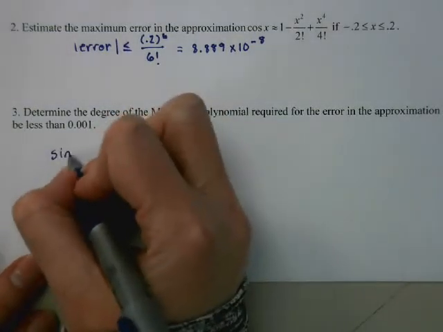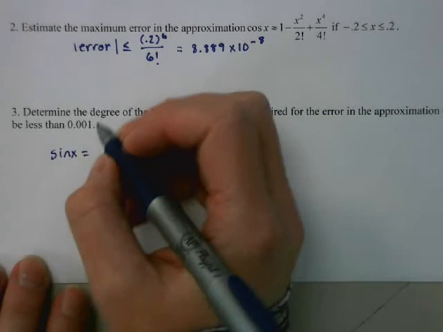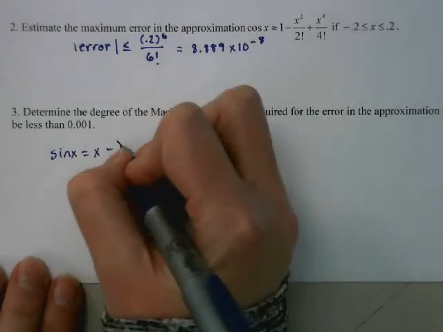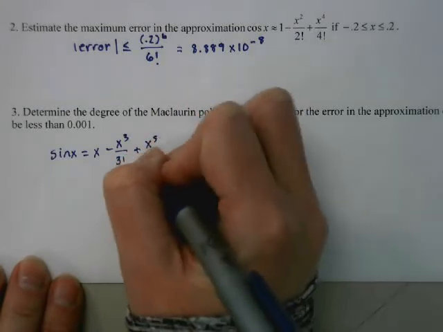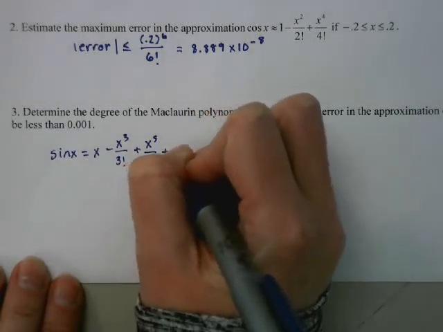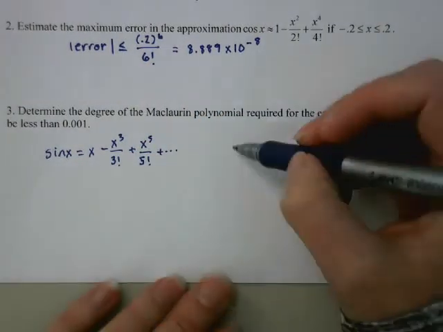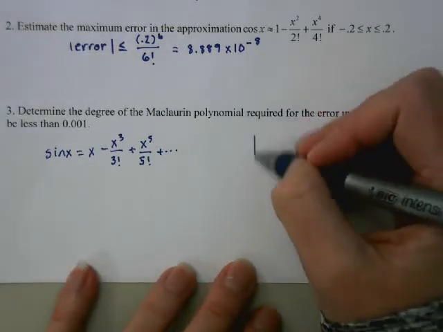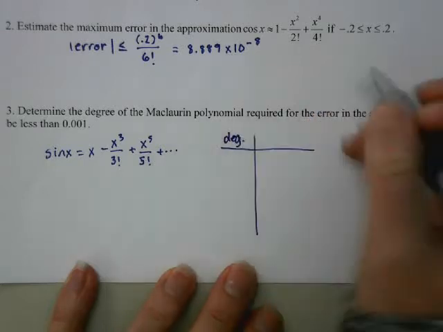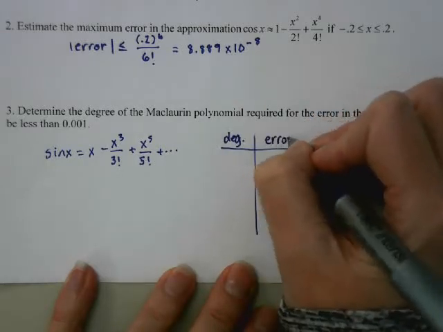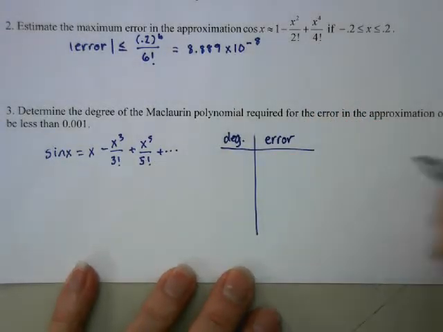Okay, so sine of x, again, is just going to be x minus x cubed over 3 factorial plus x to the 5th over 5 factorial, and so on. So I'm just going to create a chart here with the degree of the polynomial and then the error, which will be given by the next term.